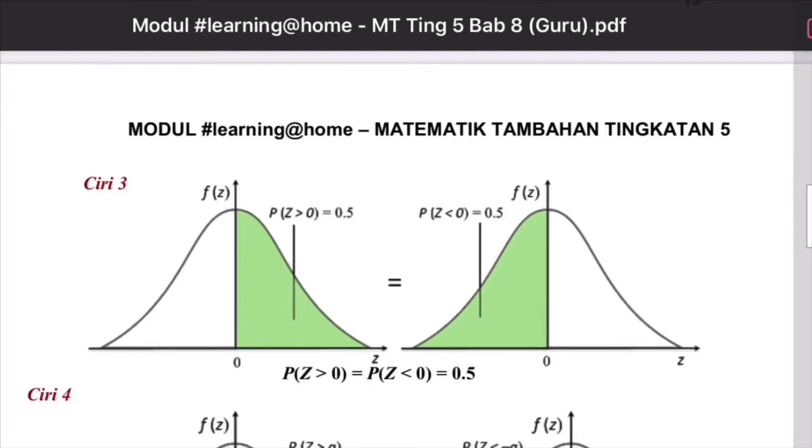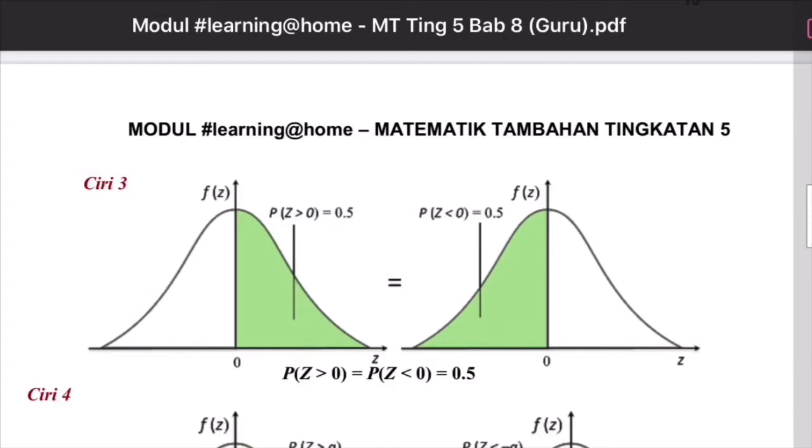So for the next characteristic, the graph must be symmetrical. If you find the area for half of the bell, to the right it must be 0.5, and to the left is also 0.5.